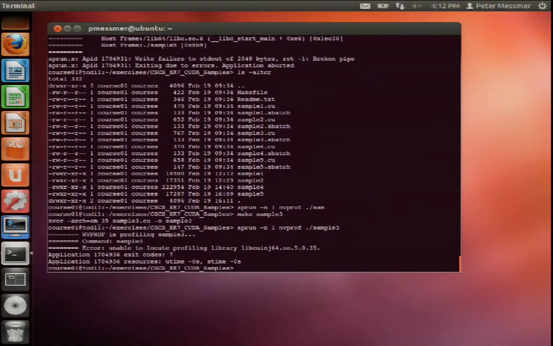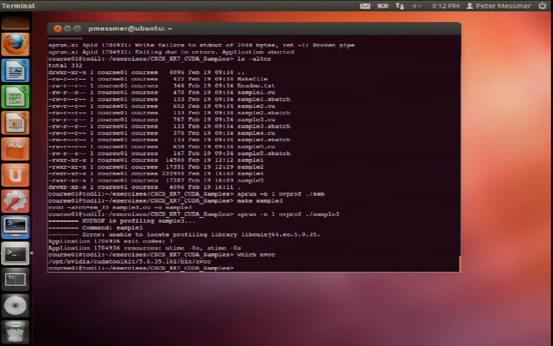In order to use NVP Prof, there is a path to a library that needs to be set. And we can determine that by finding out where we have nvcc.